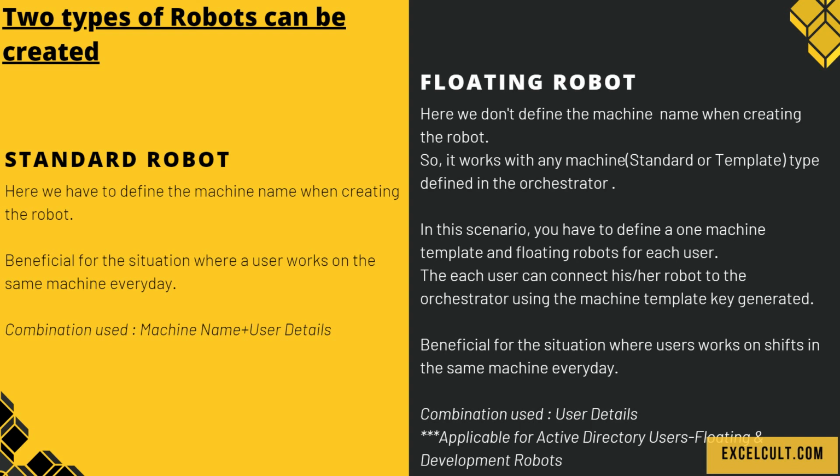Beneficial for the situation where users work on shifts on the same machine every day. The combination used is just user details because it has nothing to do with the machine name. And of course, it is applicable for Active Directory users and is applicable for floating and development robots.